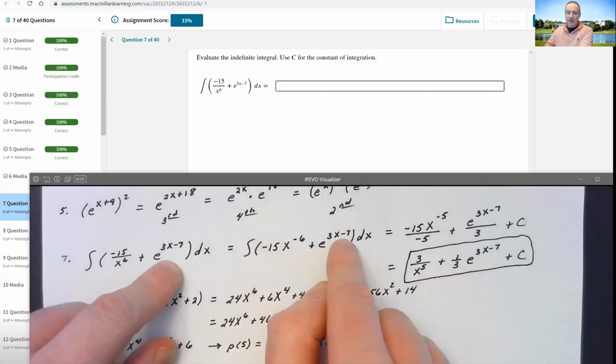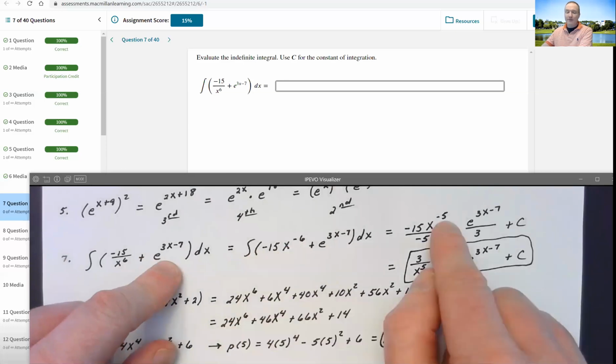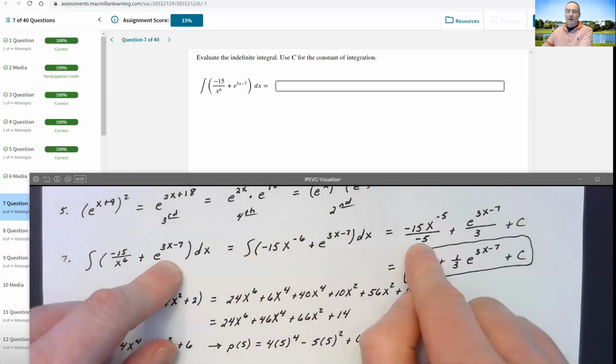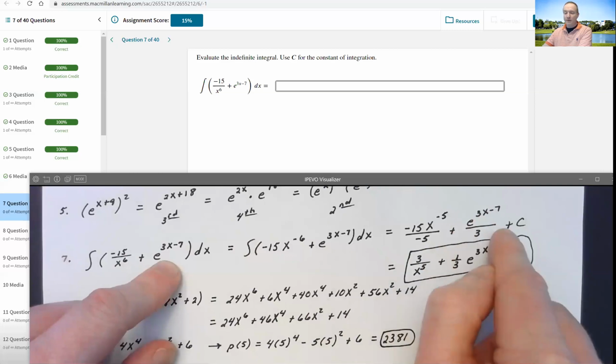I didn't have to change the second one. This allows me to use the power rule more easily. x to the negative 6 becomes x to the negative 5th, so I'll have negative 15 x to the negative 5th divided by that new exponent. And then the integral of any exponential function is that exponential function divided by the derivative of its exponent. Then I had to say plus the constant of integration.